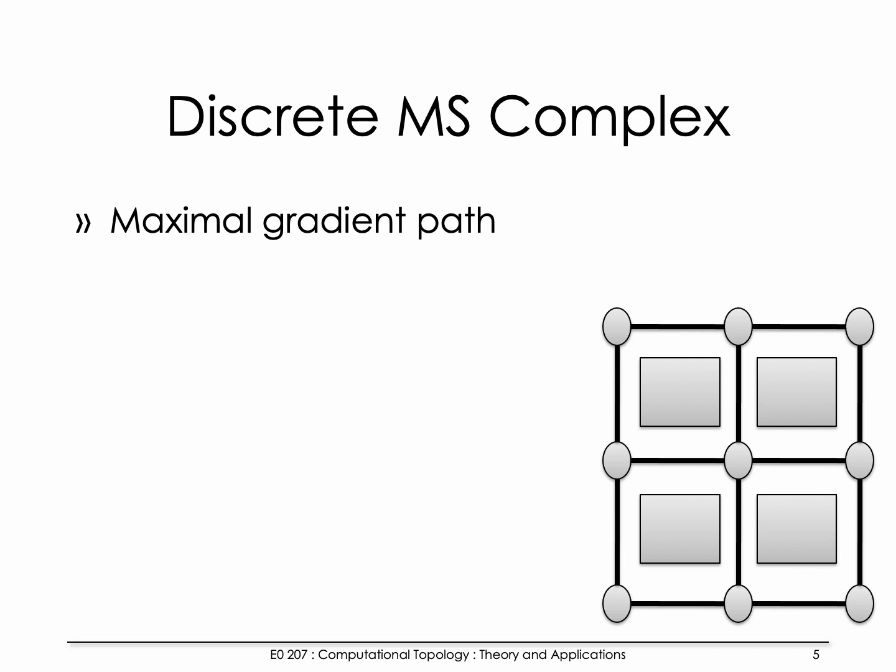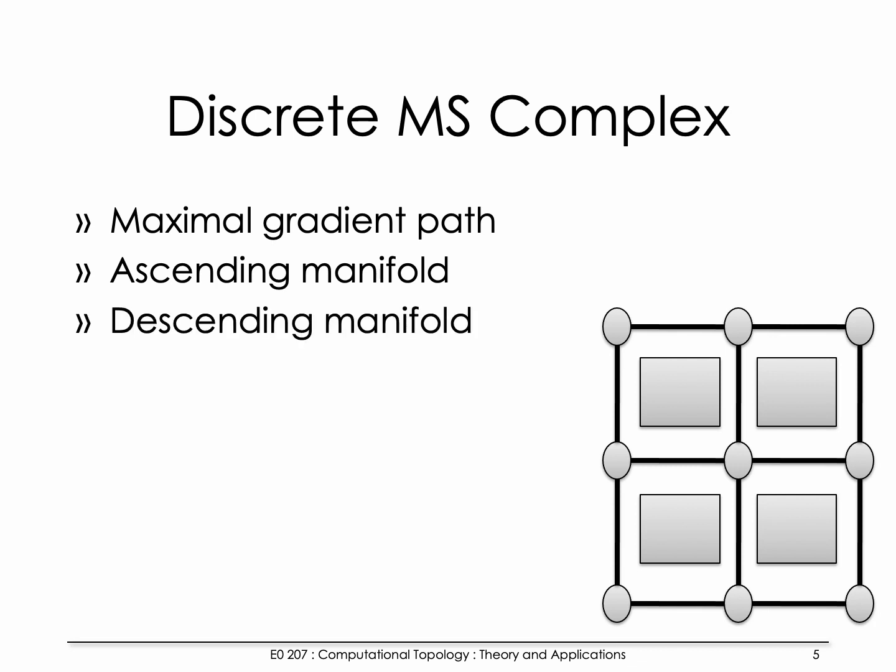These maximal integral lines have an equivalent in the discrete setting, which is a maximal gradient path. A collection of such maximal gradient paths define an ascending manifold. Similarly, a collection of maximal gradient paths also define a descending manifold.